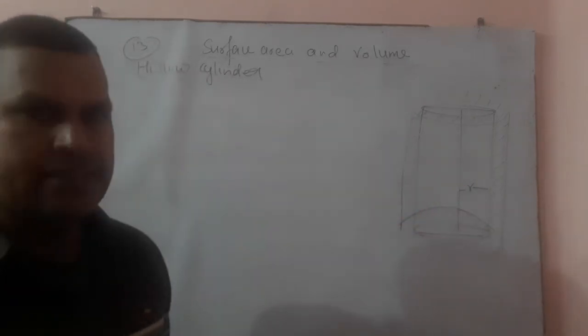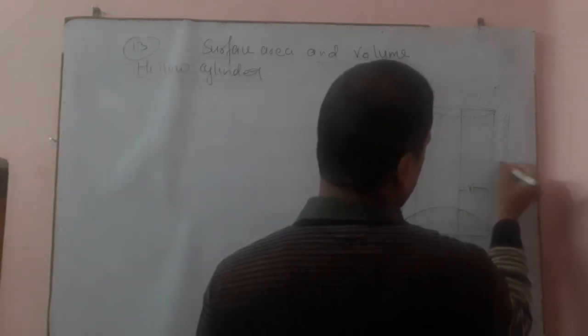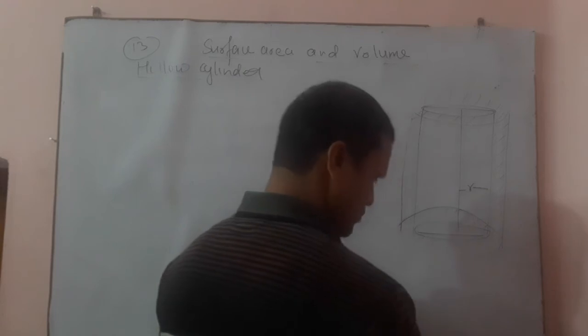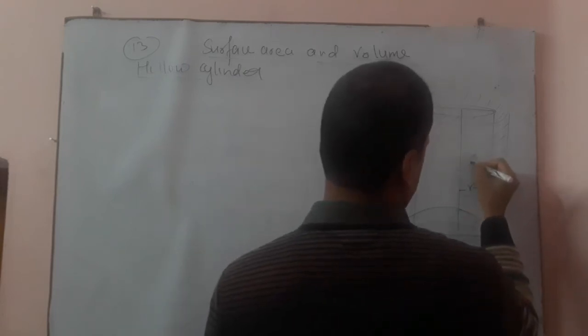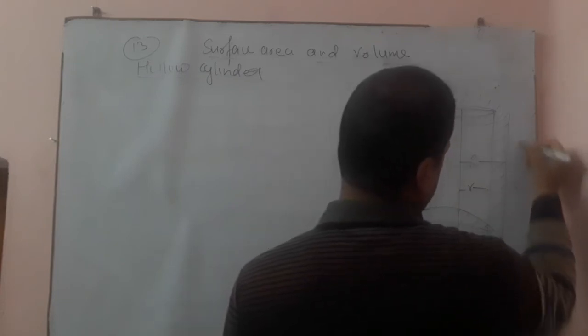There are two radii here. One is the inner radius and the second one is the outer radius. And this is the H.